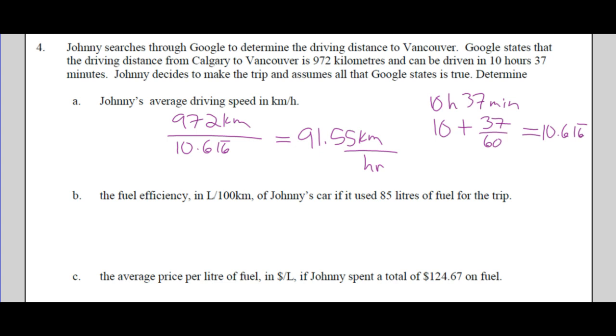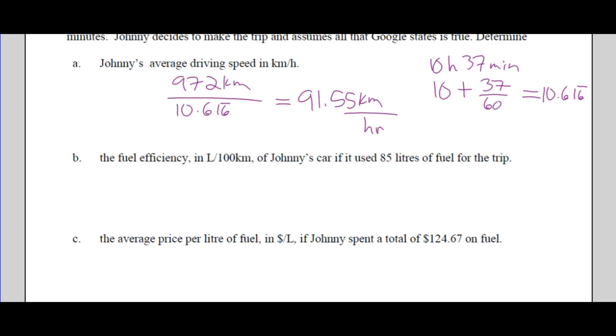Okay? The fuel efficiency in liters per 100 kilometers of Johnny's car if it used 85 liters of fuel for the trip. So we used 85 liters. We want liters per 100 kilometers. So 85 liters, how many kilometers did that get us? 972.